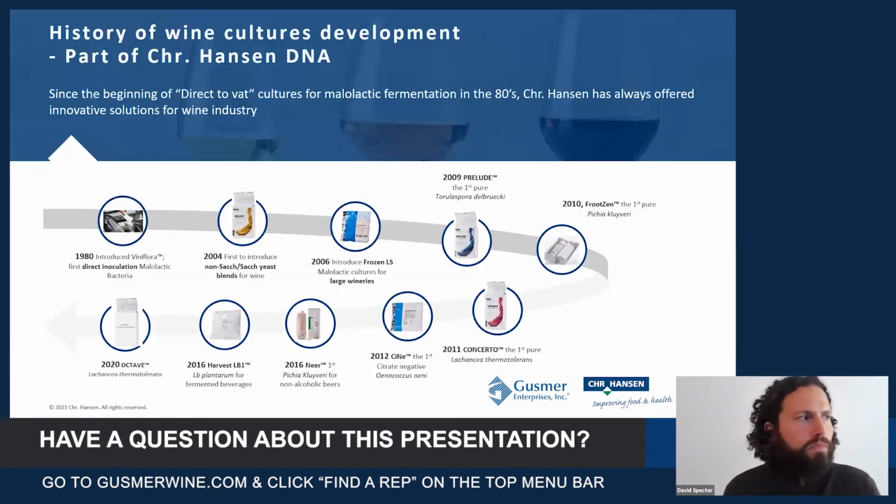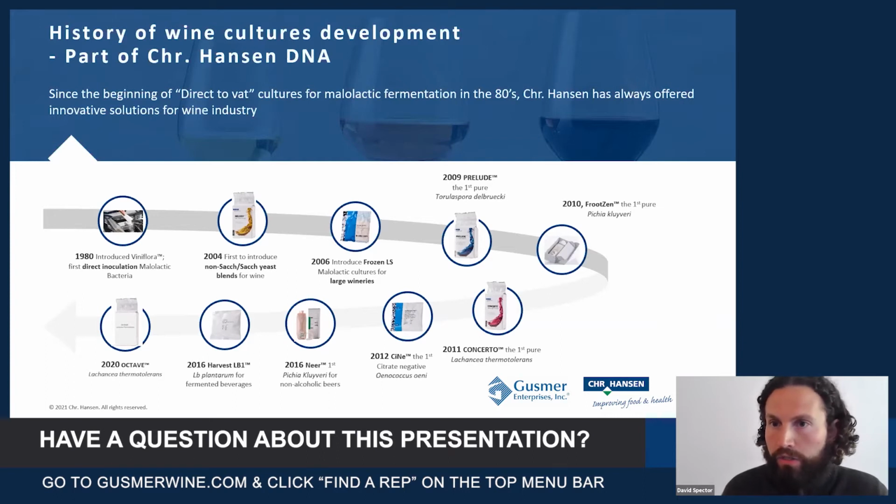So how did we enter the wine world? Well, in the 1980s, many universities and wineries were using bacteria slants. And it was said that you could not freeze dry Oenococcus oeni for reinoculation into barrels. But the folks at Christian Hansen, based on their dairy and bacteria experience, were able to do it.